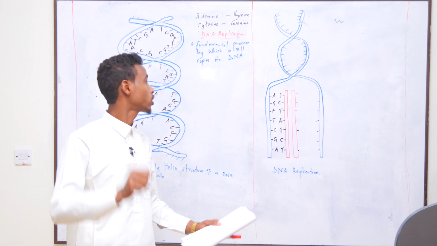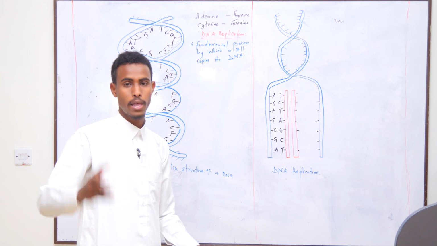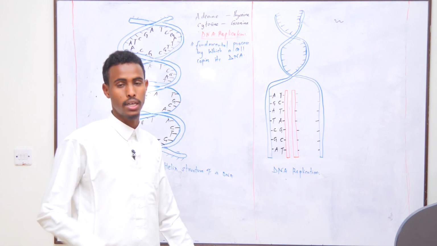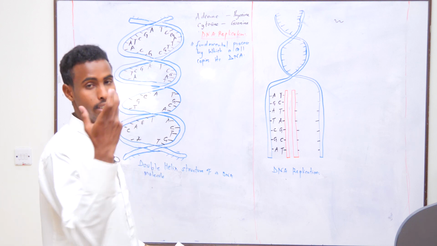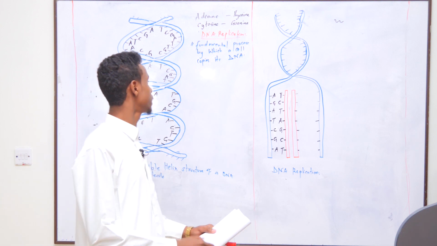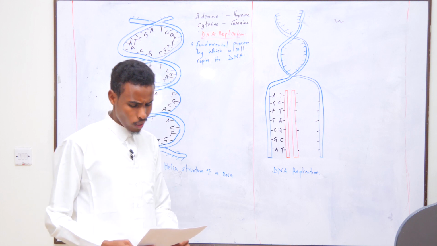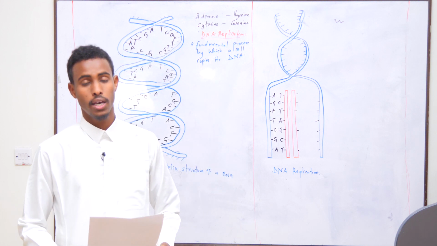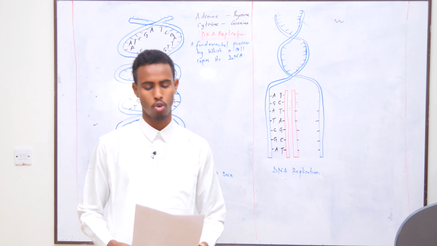The chromosomes also consist of chromatids, and along the length of the chromosomes we have the genes, and the genes make up the deoxyribonucleic acid.